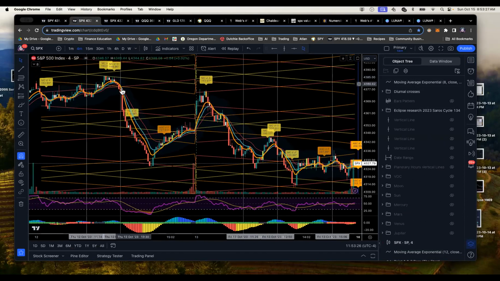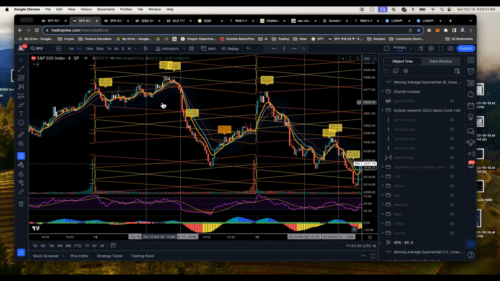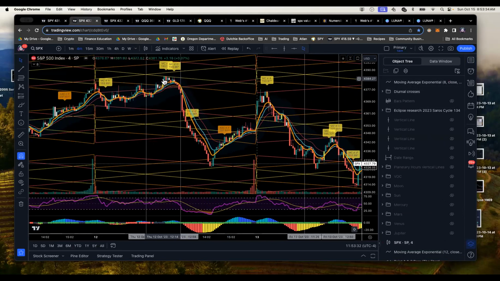Let's take a look over here on Thursday, because Thursday was when we had that big waterfall drop. So, you know, there's multiple price action indicators that you could have used for your entry up here. Entry on the break of the lower high and the lower low. You could have top fished that.